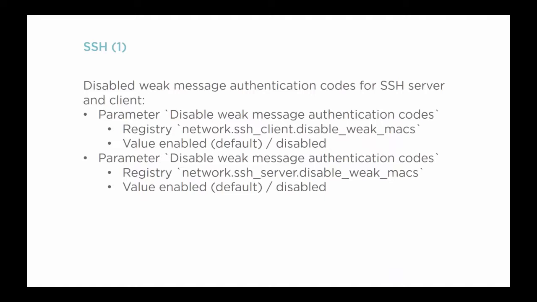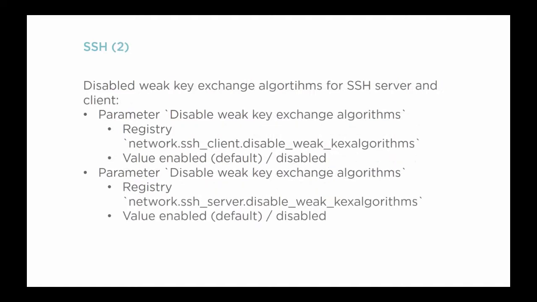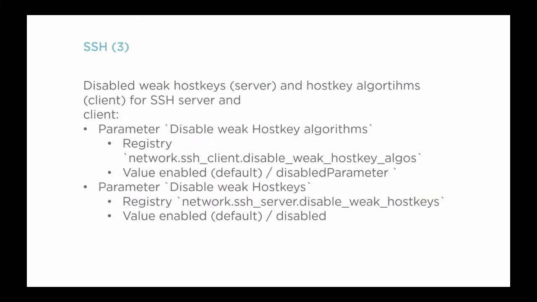And as it is with cryptography, as progress is made, algorithms and key lengths get outdated, and we had to disable the weak message authentication codes and also the weak key exchange algorithms and also the weak host key algorithms. So what you have now as the standard configuration, as the factory setting, are the new and safe settings. If you have legacy systems that need to use the SSH server, you can downgrade this.